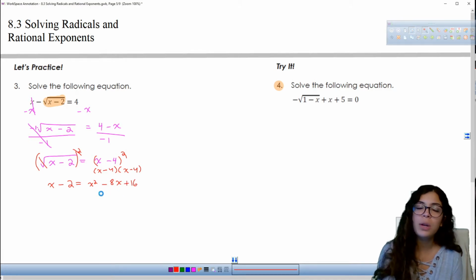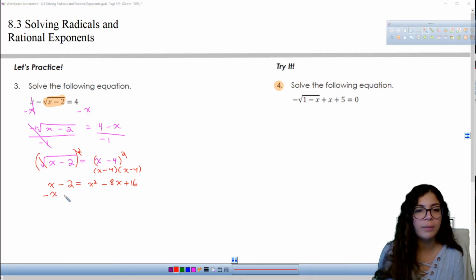All right, so I have a quadratic here. So I'm going to go ahead and bring everything to the right-hand side so I can have equal 0. So I'm going to subtract x and add 2. Subtract x, add 2. So I have 0 equals x squared, negative 8x minus 1x is negative 9x, 16 plus 2 is 18.